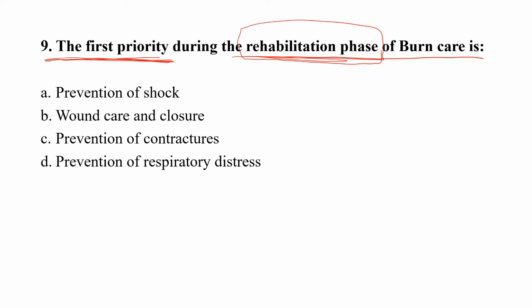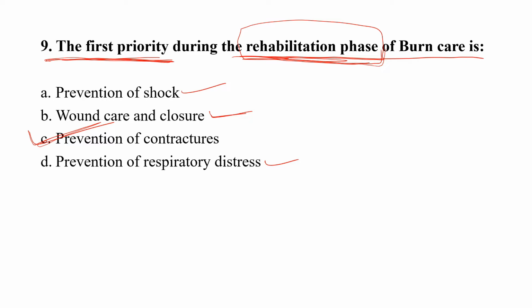So here the correct answer is option C, which is prevention of contracture. During the rehabilitation phase of a burn care patient, the main priority is prevention of contracture, whereas prevention of shock and prevention of respiratory distress are the priority when the patient first comes to emergency. Wound care and closure comes after the patient gets admitted or during the care of the patient.